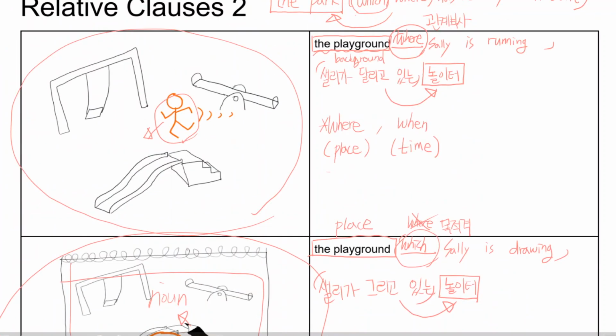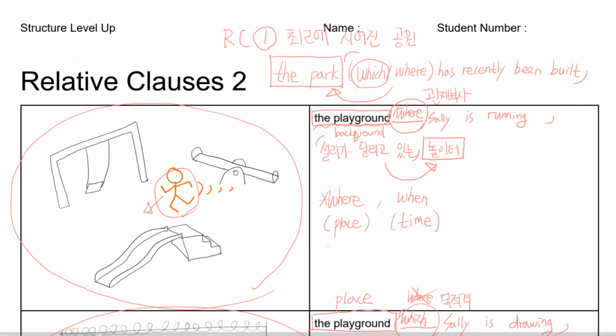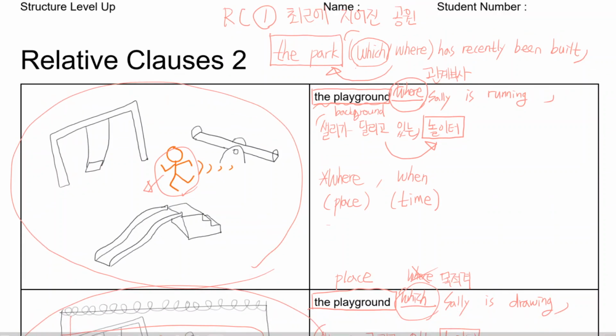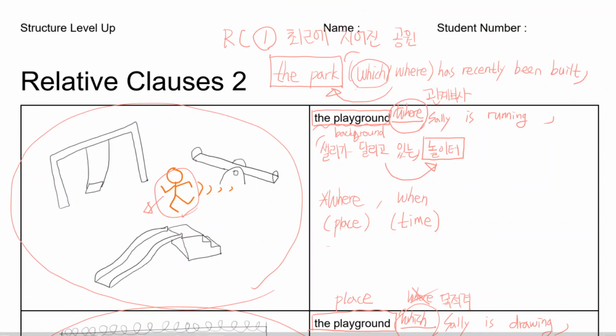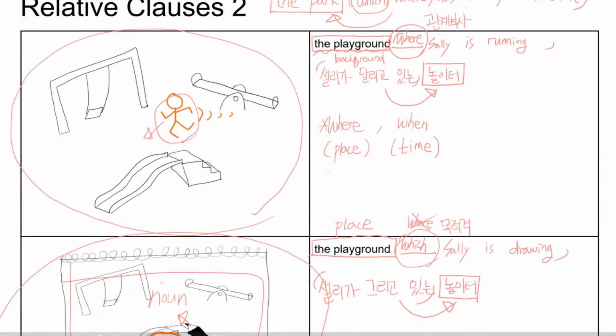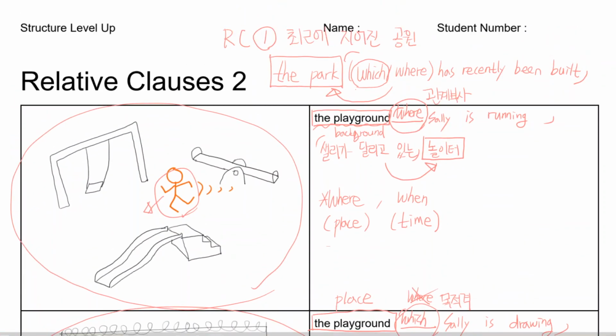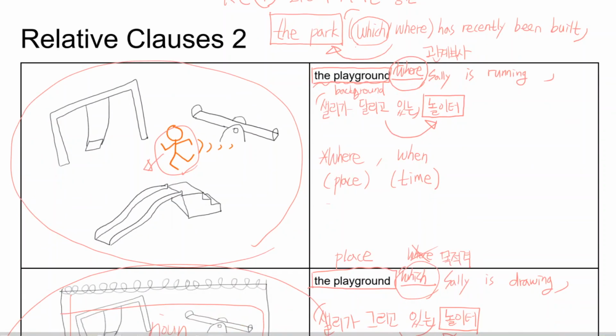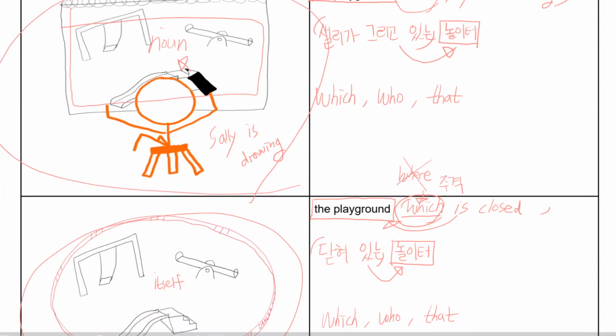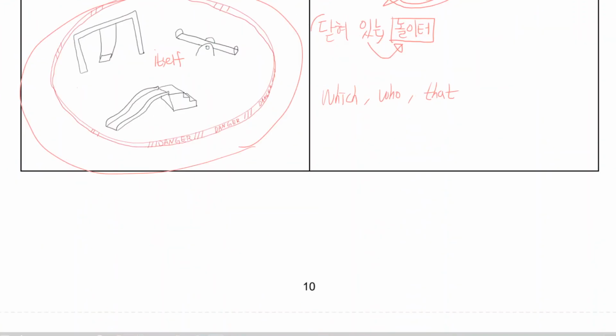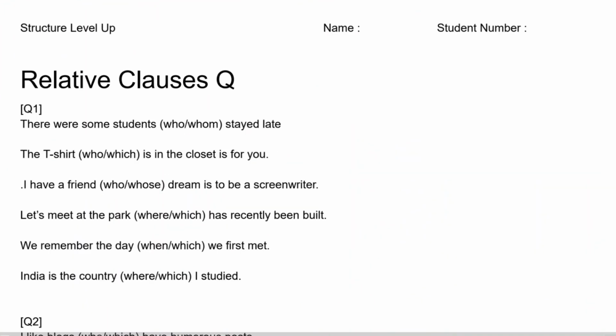So this is why there are many 격 and 관계부사 and something like that in English. Because in English, we have to differentiate the situation and we need to use the relatives accordingly. That's very difficult, right? Okay, let's move on and let's try to apply this to the actual questions.